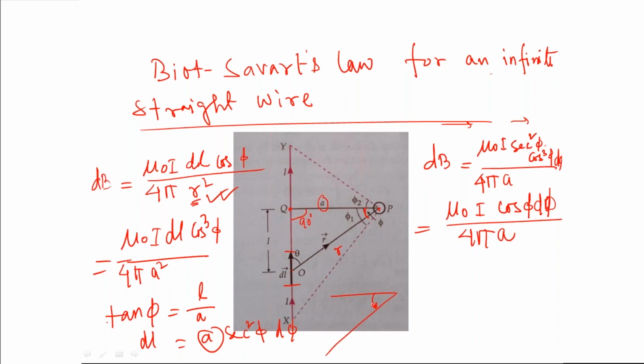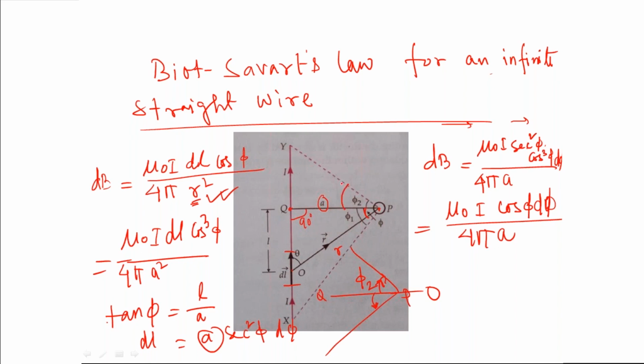So if this is the reference or zero line for the angle, then on this side it will be plus phi 2, as shown here, and in the other direction this is minus phi 1.